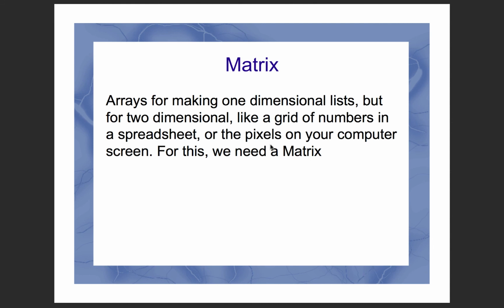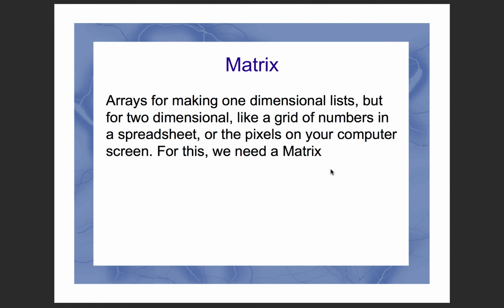Another data structure is the matrix. A matrix is a two-dimensional list, so you can consider rows and columns. If you talk about a spreadsheet in Excel, you can see that there are a lot of rows and columns. You can consider them as a matrix. Or if you consider the computer screen, it has several pixels.